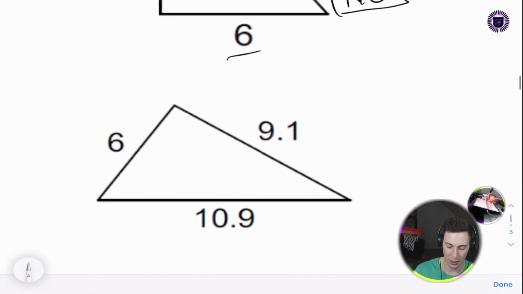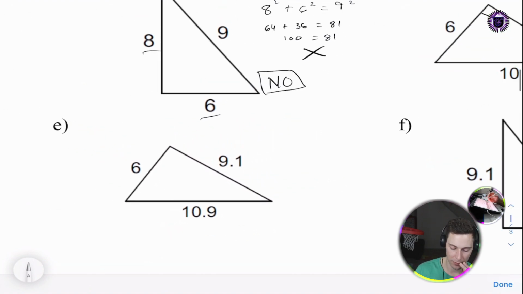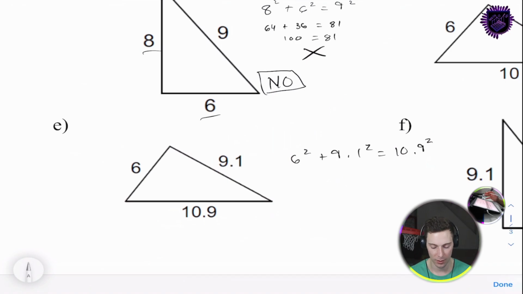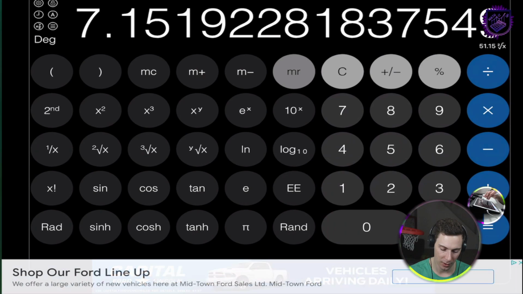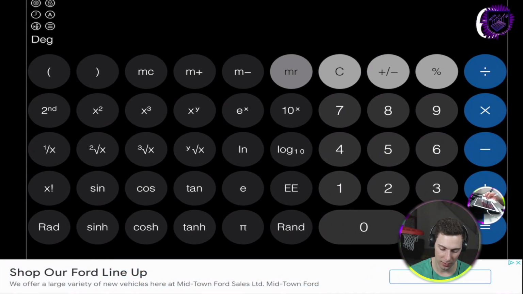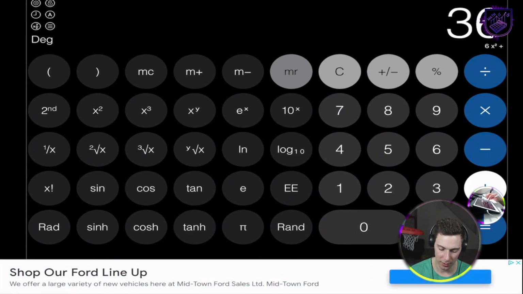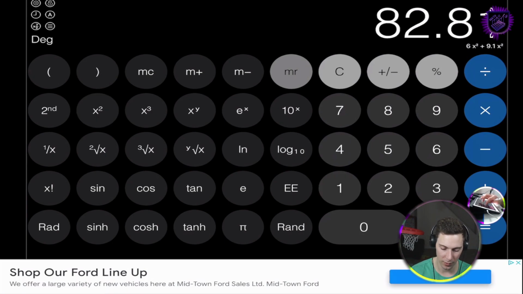Now, I don't know here. I'm going to use my calculator. 6 squared plus 9.1 squared equals 10.9 squared. Is that true? 6 squared plus 9.1 squared equals 118.81.